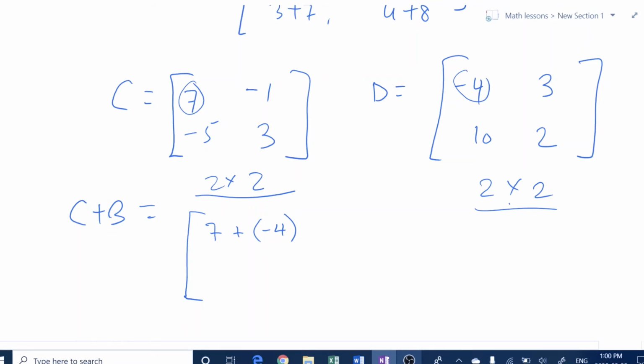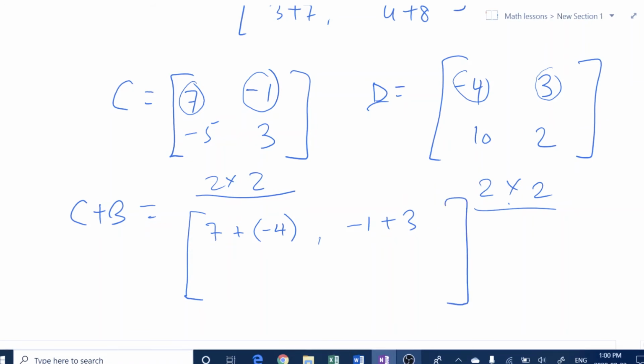The next one is -1 plus 3, the second element in the first row added to the second element in the first row of matrix D. The next one is -5 plus 10, and then 3 plus 2.